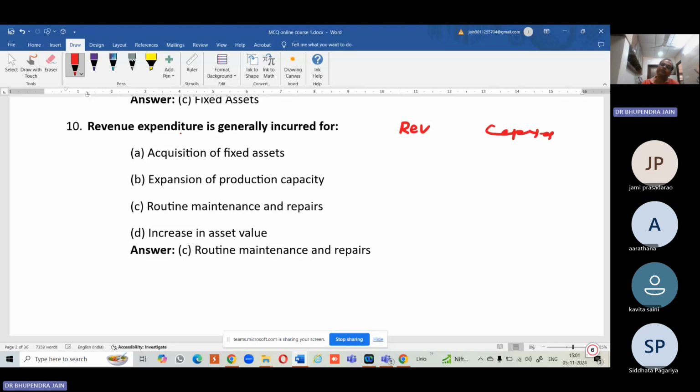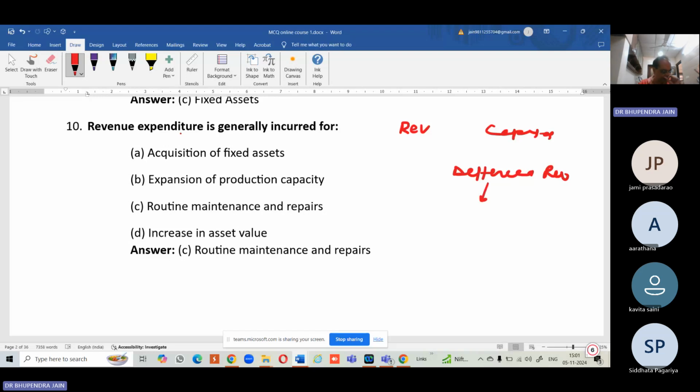Number third, deferred revenue. The expenditure required to operate day-to-day transactions is called revenue. The expenditure incurred to purchase a fixed asset is called capital. Deferred revenue means expenditure incurred this year, but we can get the benefit in future. So this is called deferred revenue expenses.